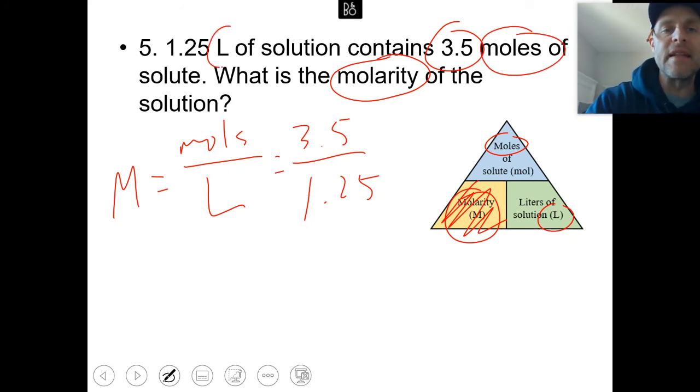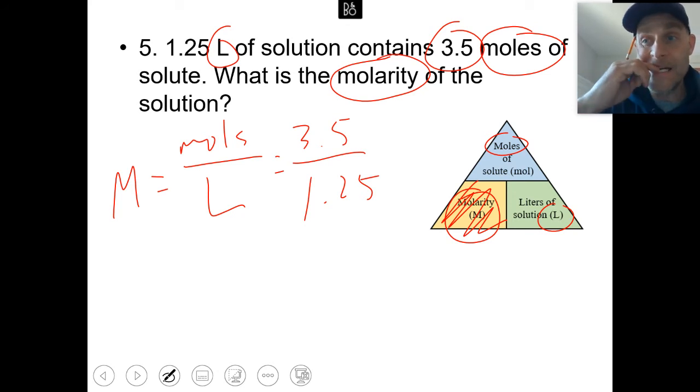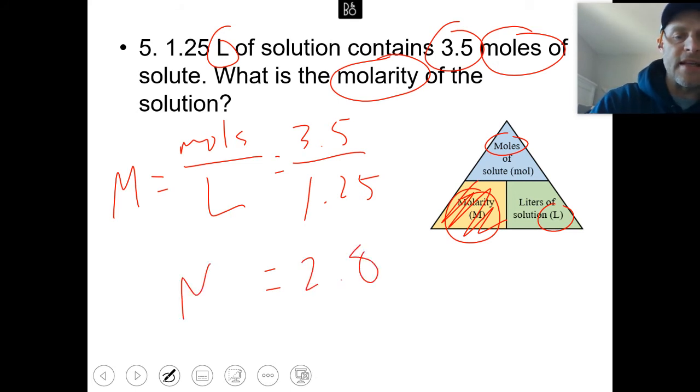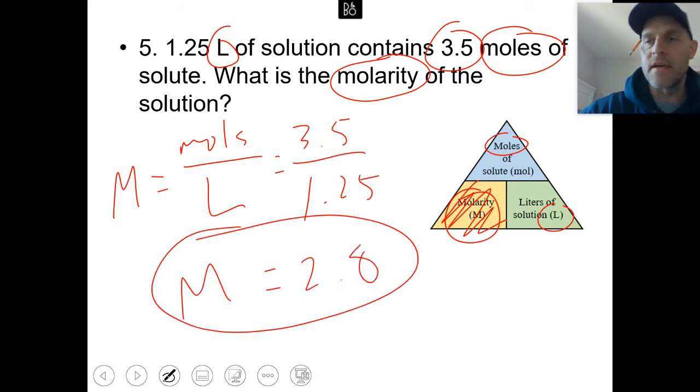I might not give it in liters. I might give you grams, then you got to convert to moles. I might give you milliliters, then you got to convert to liters. And you can do all those things. We've done them. But I'm trying to keep it really simple for you. And then I get on my trusty calculator, 3.5 divided by 1.25. Answer is 2.8. And again, that's capital M molarity. That's the concentration.